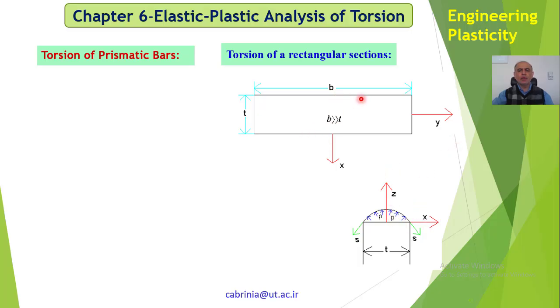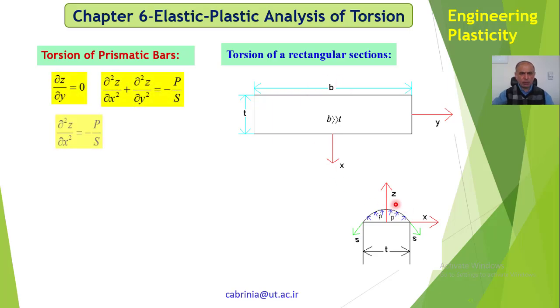And for this sort of section, b is much greater than t. So the thickness is small, but the width is large.